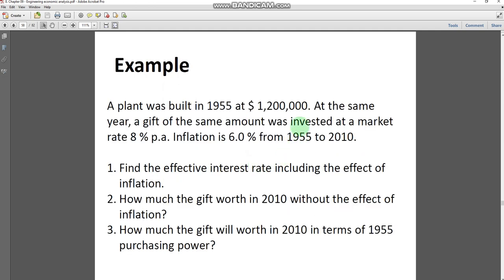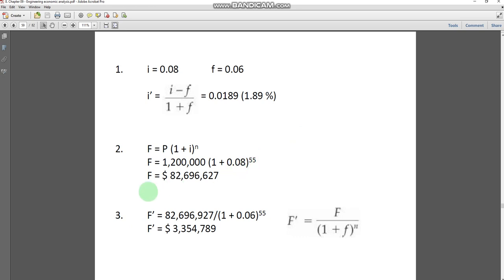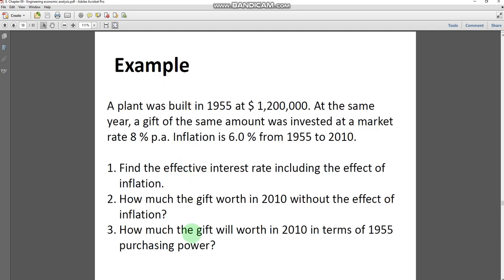So you can see the difference here, 2010 minus 1955 makes 55 years, so we can put 55 here. So the future value will be equal to $82.696 million, okay, almost.